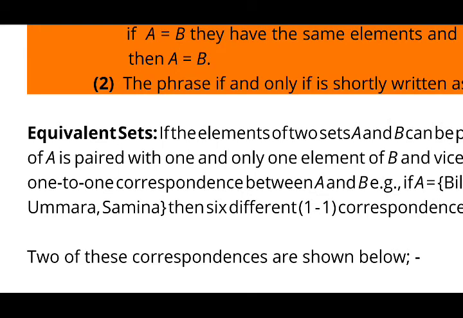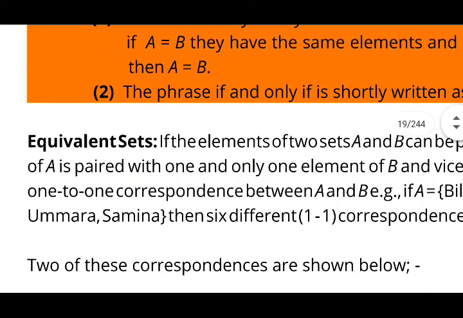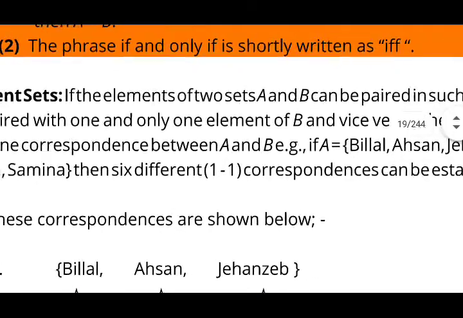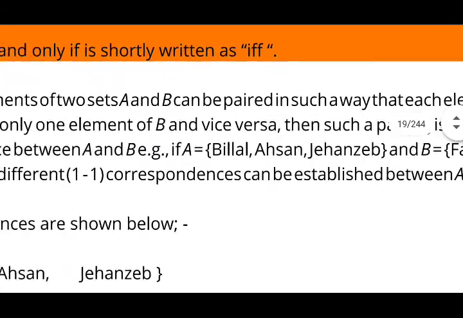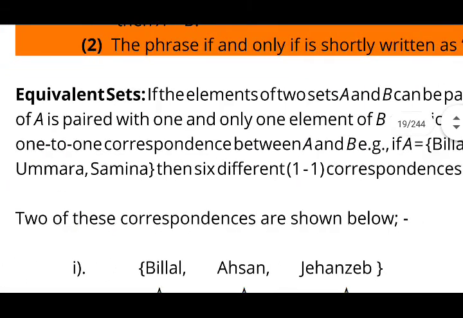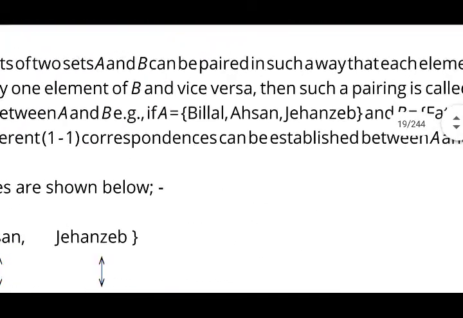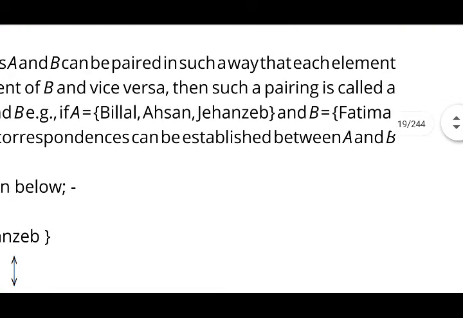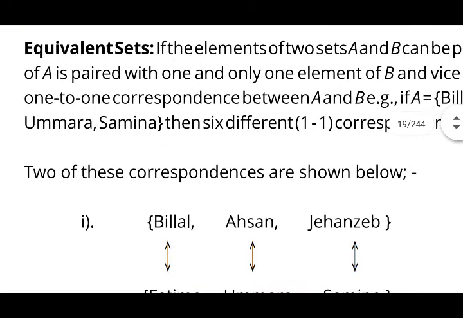Equivalent sets. This is equal? No, it is equivalent. If the elements of two sets A and B can be paired in such a way that each element of A is paired with one and only one element of B. For example, if the quantities of the two sets are the same, then these are equivalent sets.